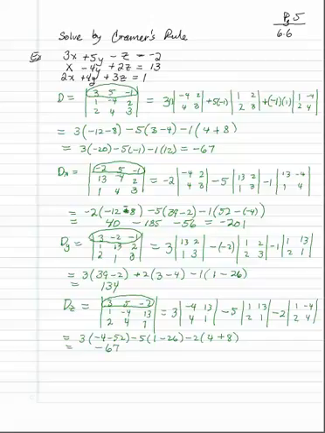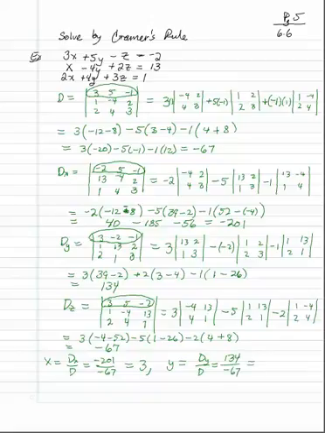Okay, so now I'm ready to solve it. x is d sub x over d, which is negative 201 over negative 67. Punch that in my calculator, and it gives me 3. y is d sub y over d, which is 134 over negative 67.